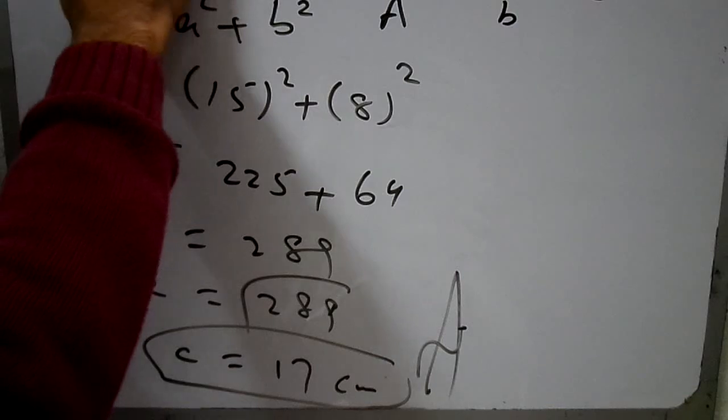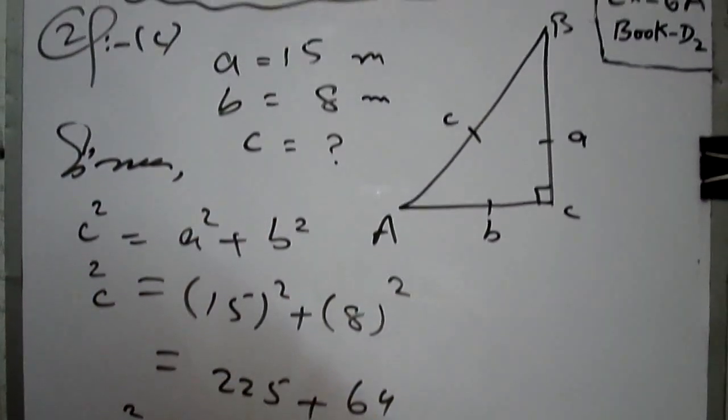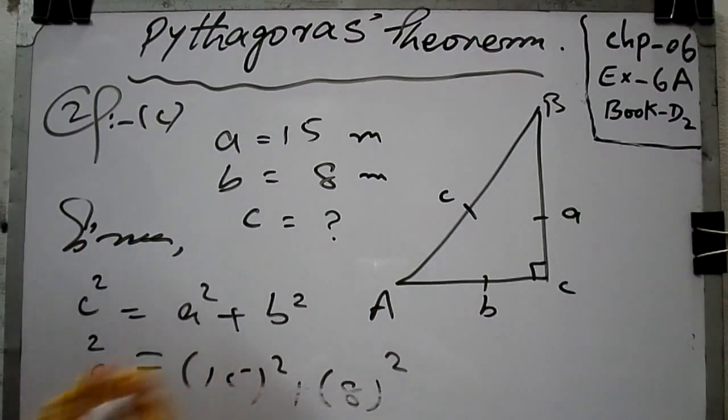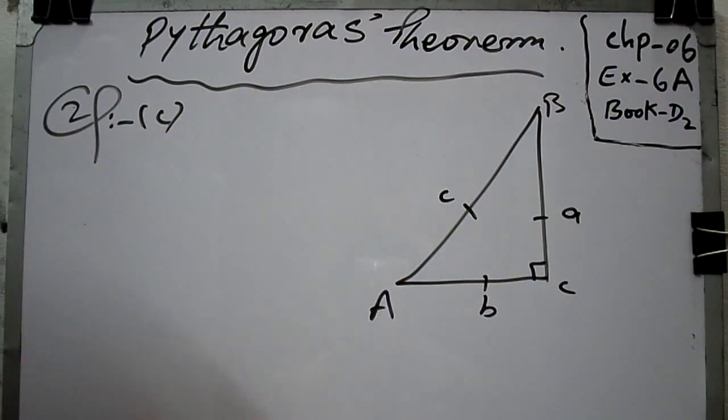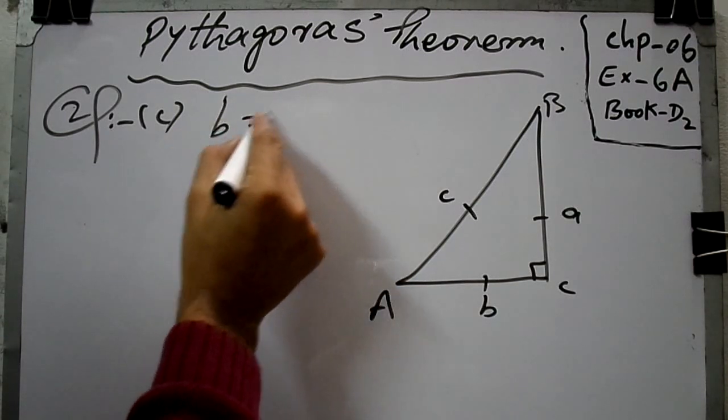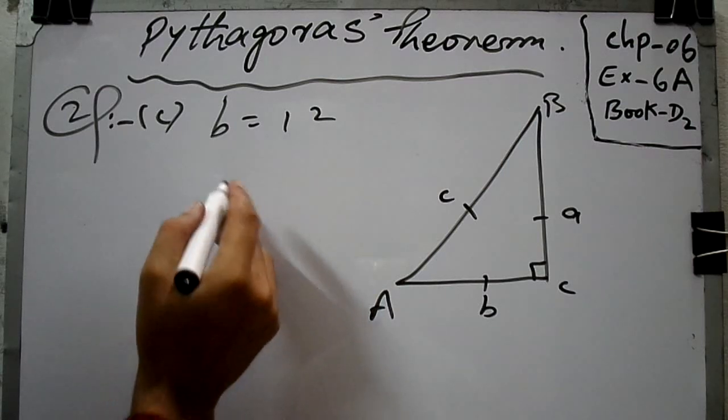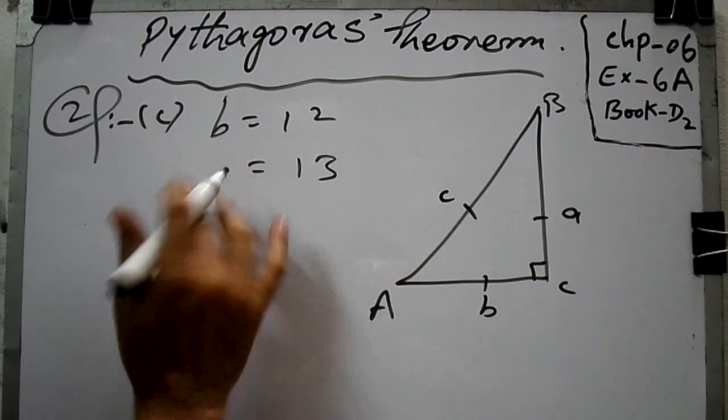Now coming to the C part, in C part we have been given a little bit change in values. You can see here the B value is 12 and the value of C is equal to 13.